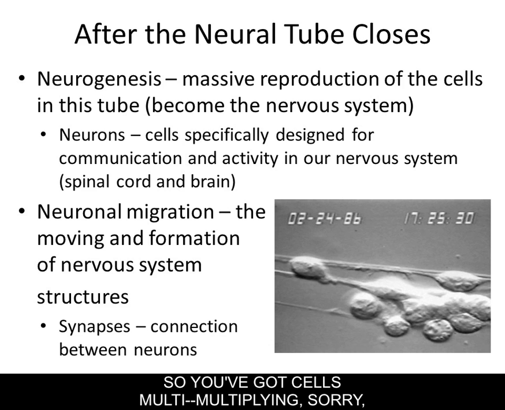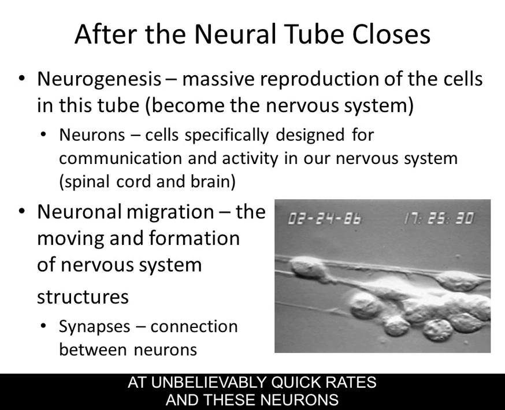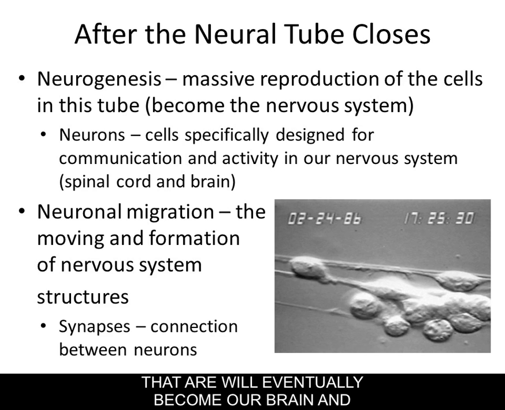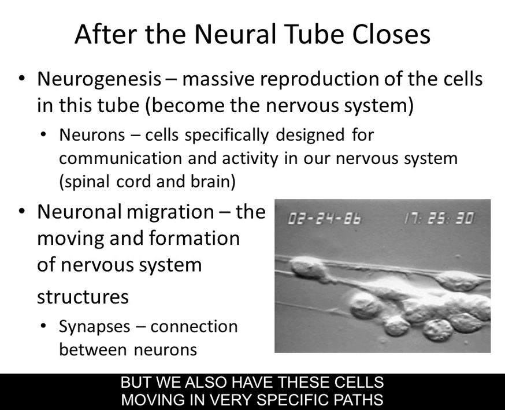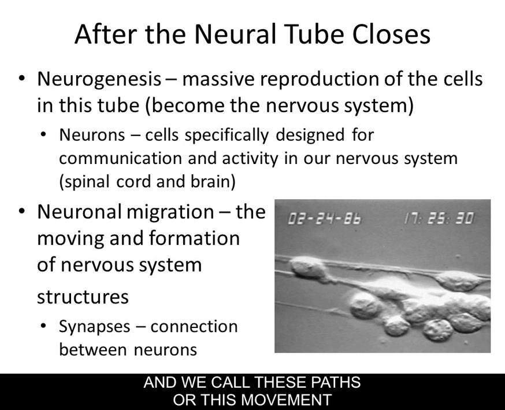So you've got cells multiplying at unbelievably quick rates. And these neurons not only are multiplying, creating intricate systems that will eventually become our brain and our nervous system, but we also have these cells moving in very specific paths. And we call this movement neuronal migration.